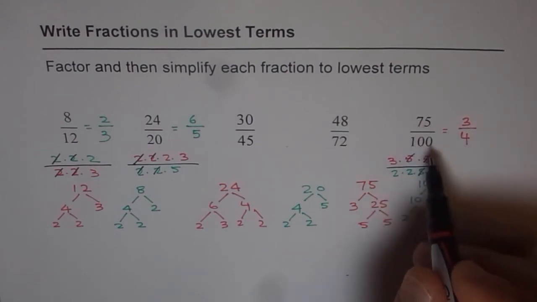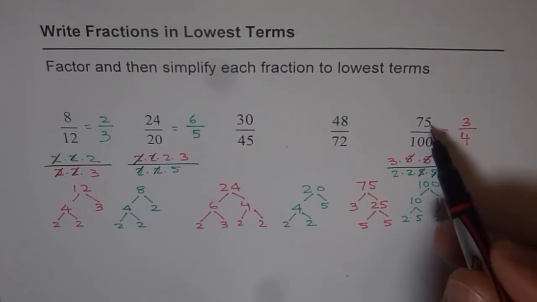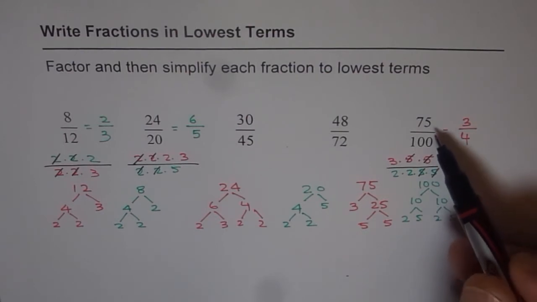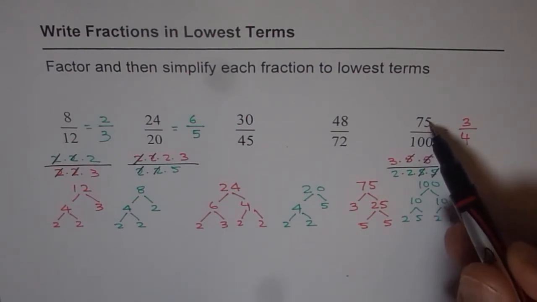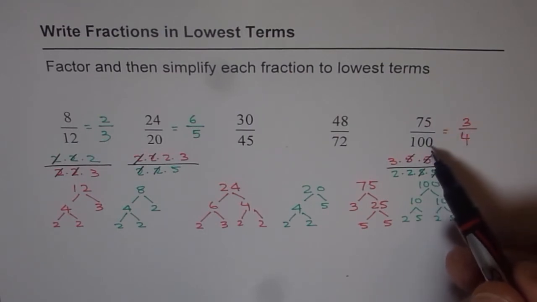So 75 over 100 can be written as 3 over 4, and that becomes the lowest term for 75 over 100. Remember one thing, if you have something over 100, it could be read as a percent also, 75%. 3 over 4 is equivalent to 75% or 75 over 100.